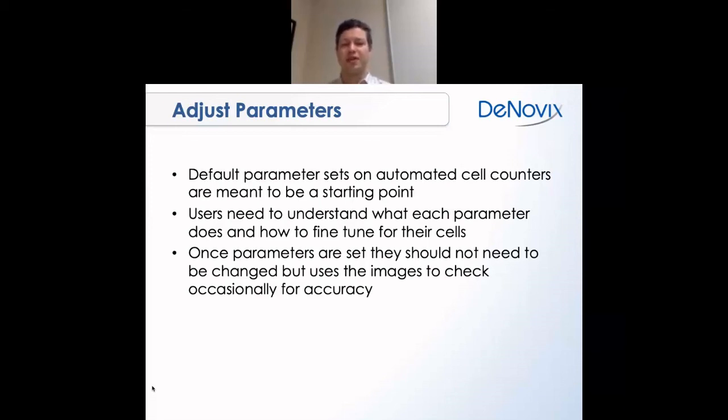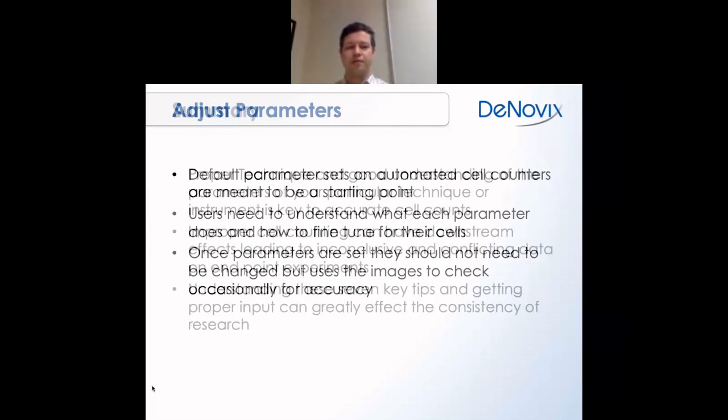So the users really need to understand how the parameters work, what they do, how to fine tune them. Once parameters are set for a particular cell line, you don't need to change them regularly, but I do still recommend that you check occasionally, make sure that somebody hasn't gone and edited your parameters, and make sure that you're still getting accurate counts for that cell line.